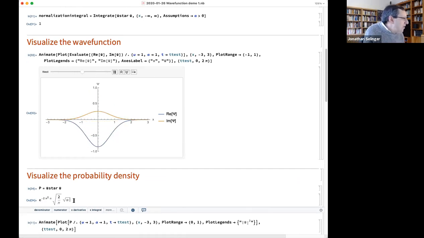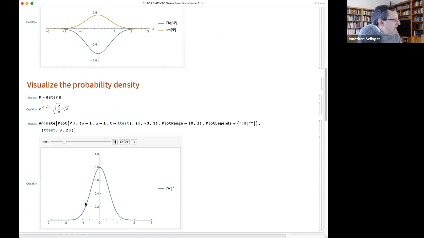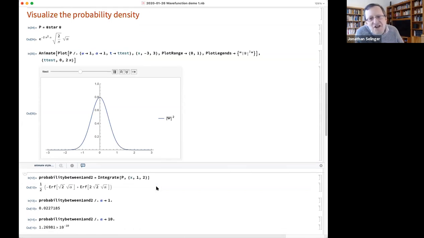Okay? So now I'll make a movie of the probability density. Okay, here it is, right? It's a very boring movie because it doesn't depend on time, right? It's constant, right? So that's what it looks like.